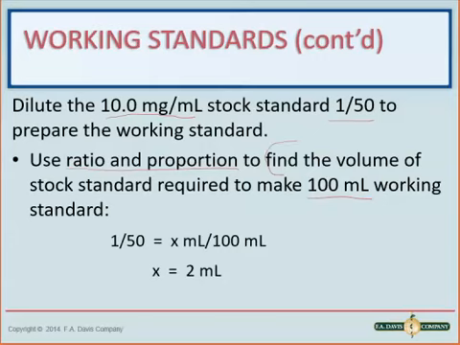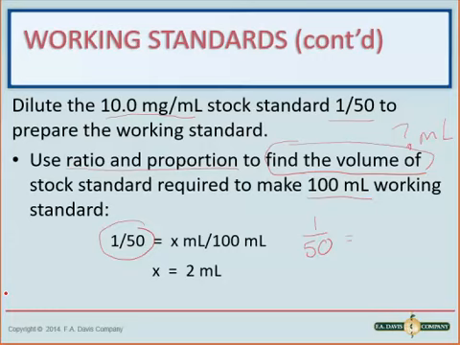And it says we're going to be finding the volume of our stock standard. So that's what we're looking for. So we're looking for volume, so we're most likely going to be looking for milliliters. It already gives us our first half of our ratio, which I'm going to write over here, 1/50th.